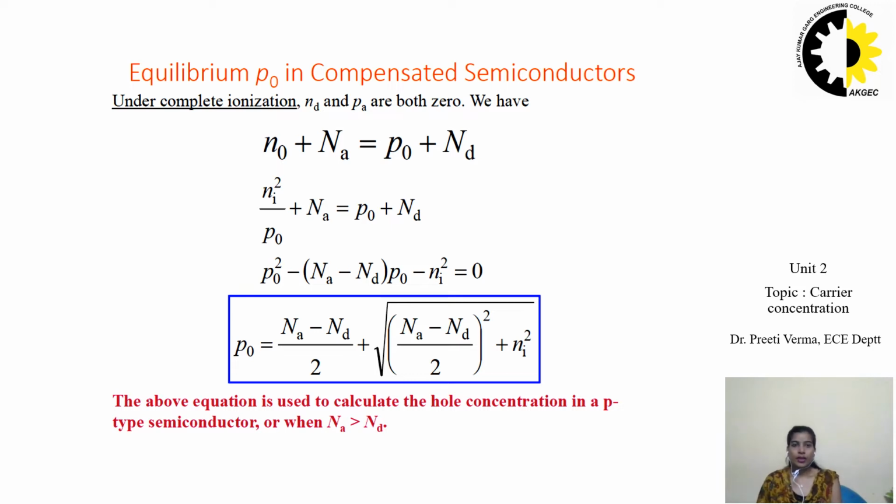So P naught square minus (Na minus Nd) P naught minus Ni square is equal to 0. So P naught is equal to (Na minus Nd) by 2 plus under root ((Na minus Nd) by 2) whole square plus Ni square. So this equation is used to calculate the hole concentration in a p-type semiconductor, or we can say when Na is greater than Nd.